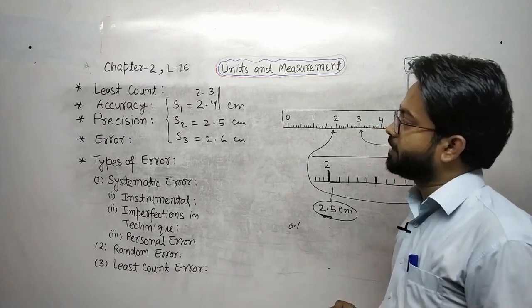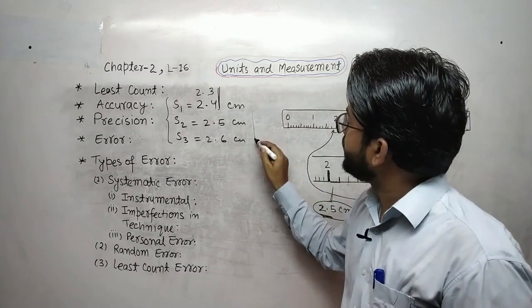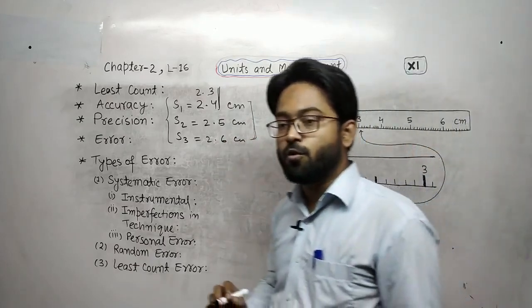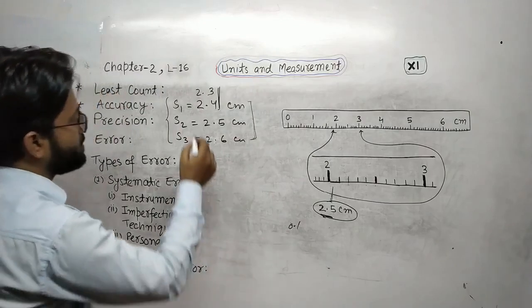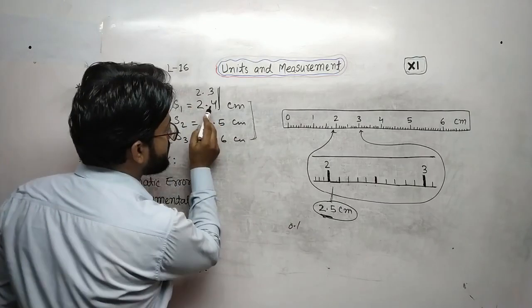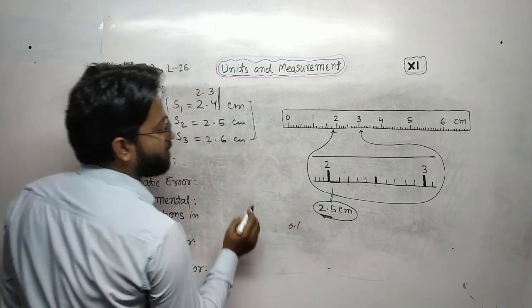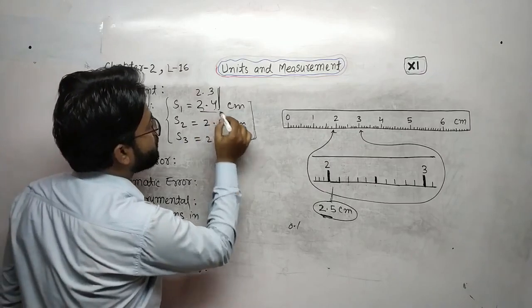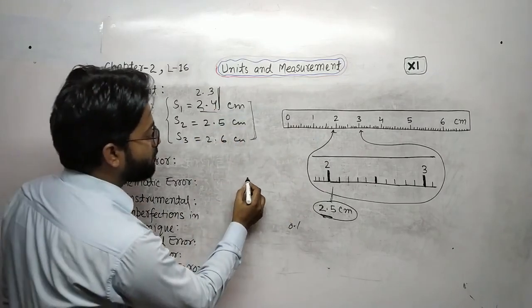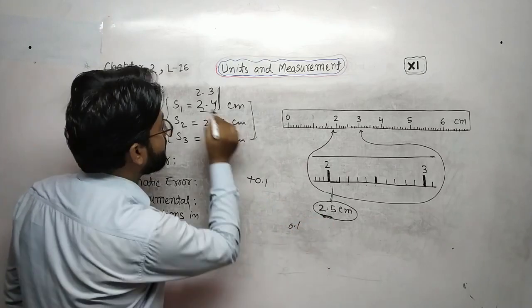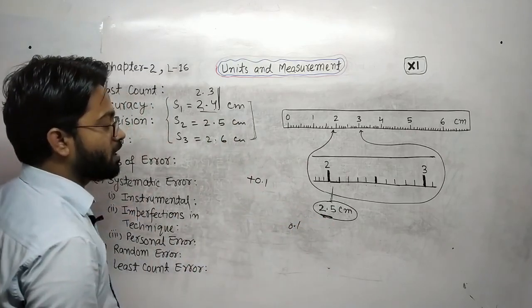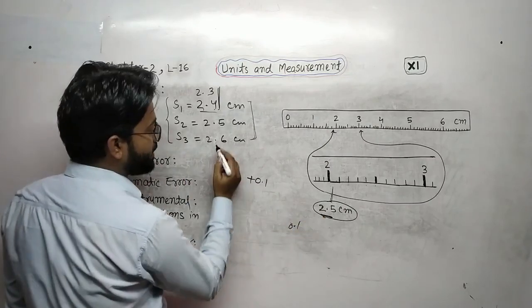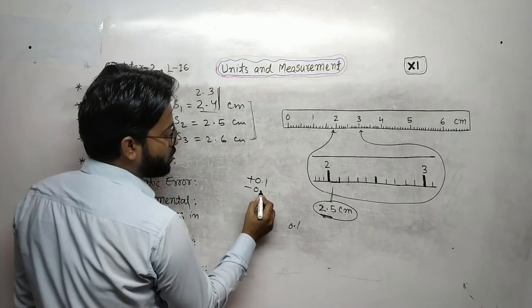Hope you are understanding. If you talk about these two values, 2.4 and 2.6, these two values have the same distance from 2.5. If you subtract 2.4 from 2.5, you will have plus 0.1. 2.5 minus 2.6 gives minus 0.1.